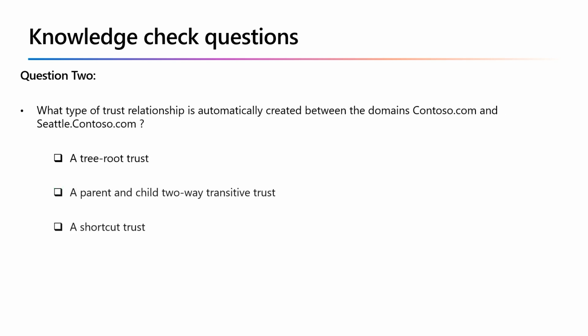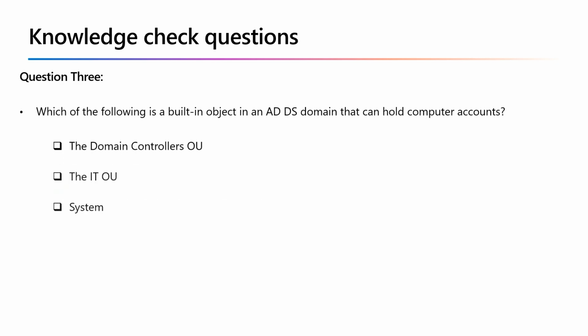What type of trust relationship is automatically created between the domains, in this case contoso.com and seattle.contoso.com? They're assuming that it's a parent-child relationship, and that would be the parent-child two-way transitive trust. Which of the following is a built-in object in Active Directory Domain Services that can hold computer objects?